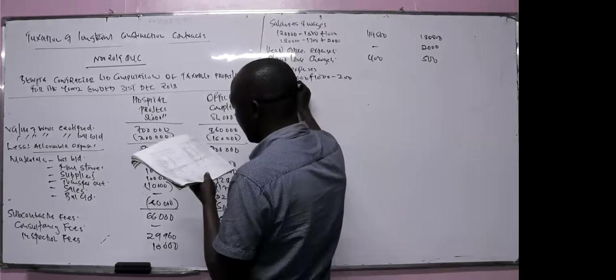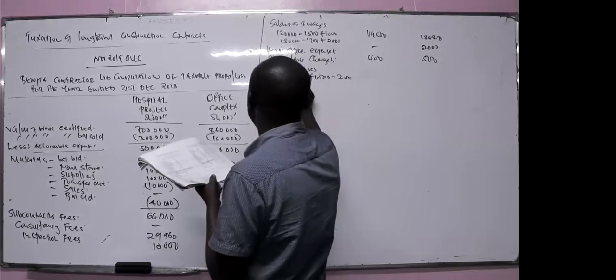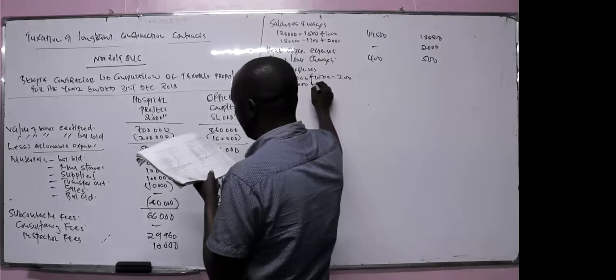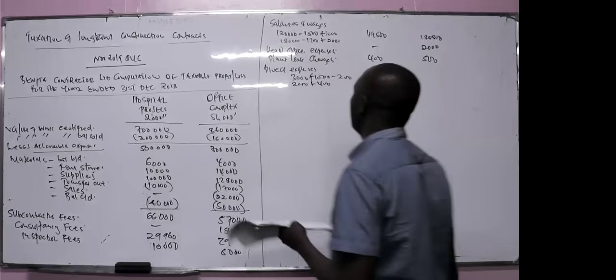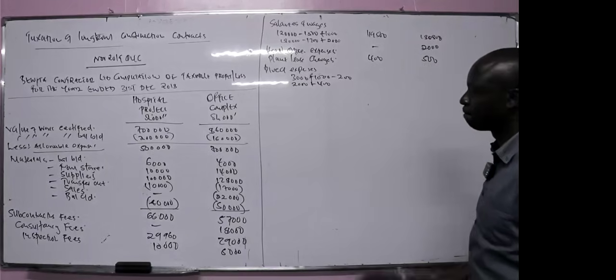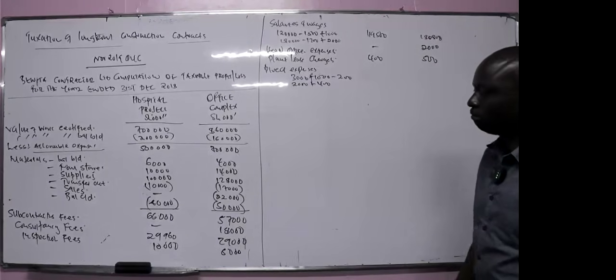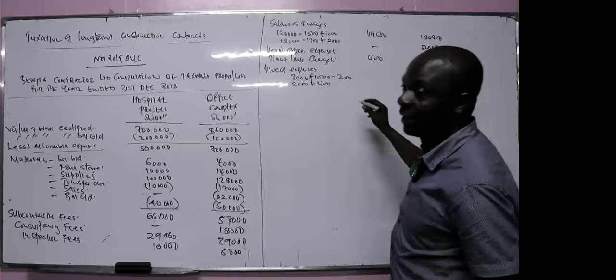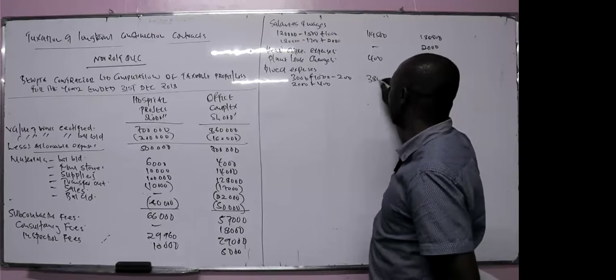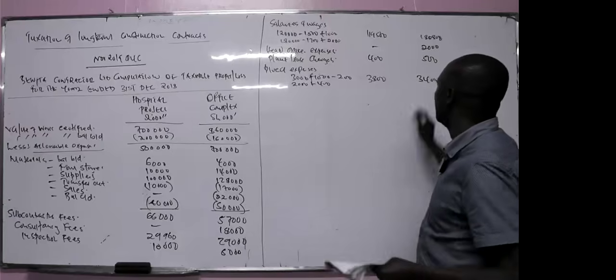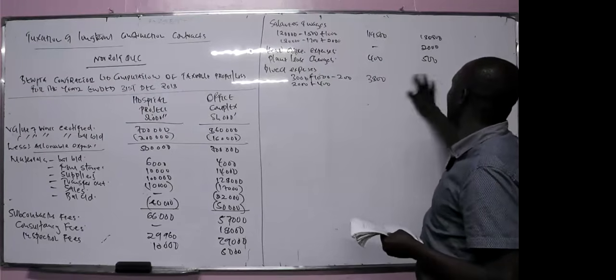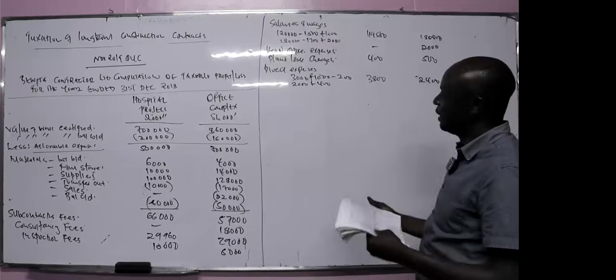The other one is 2,000 plus 400, isn't it? So the first one, how much do you get? 3,800. So this one is 3,800, and then 2,400, isn't it? I think we are done.